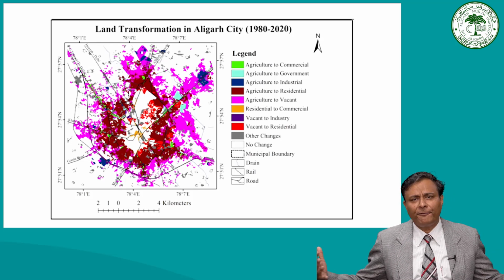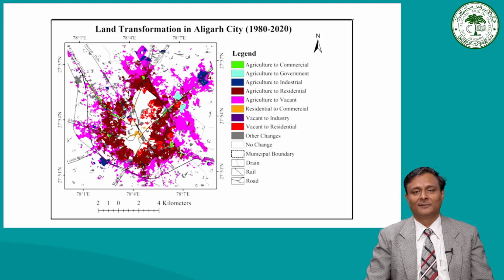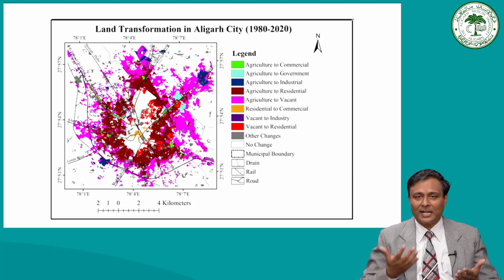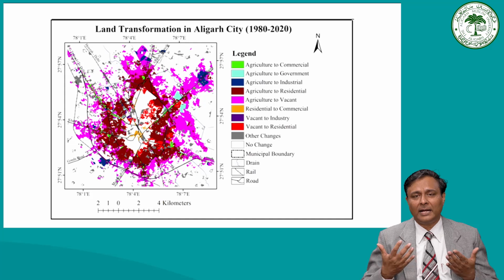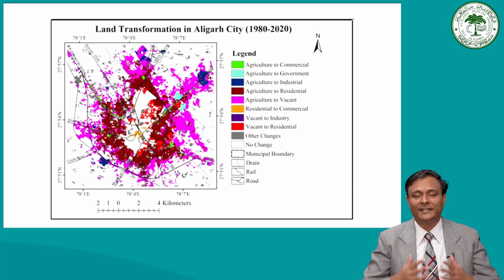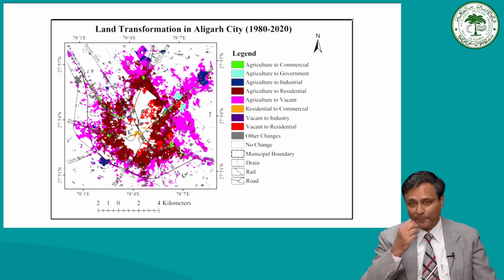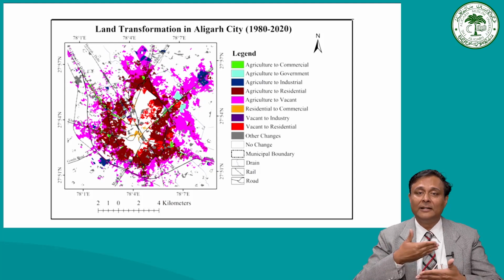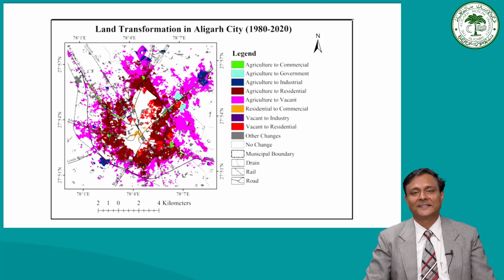So you see, there are different sets of information, and they were all in different formats. We have brought them all in digital format. We have brought them all in one coordinate system.